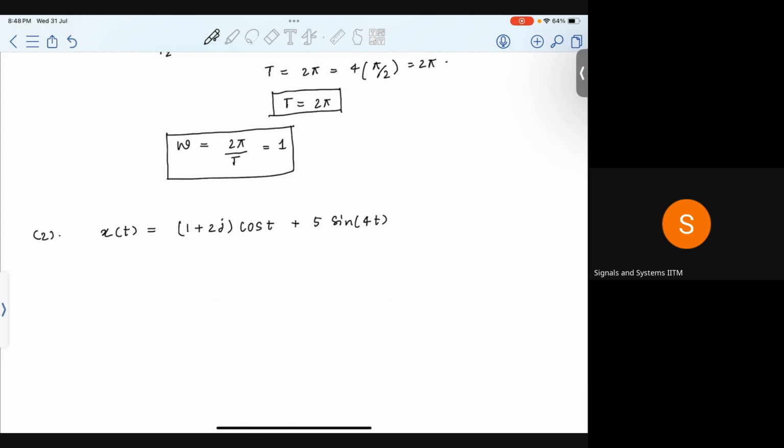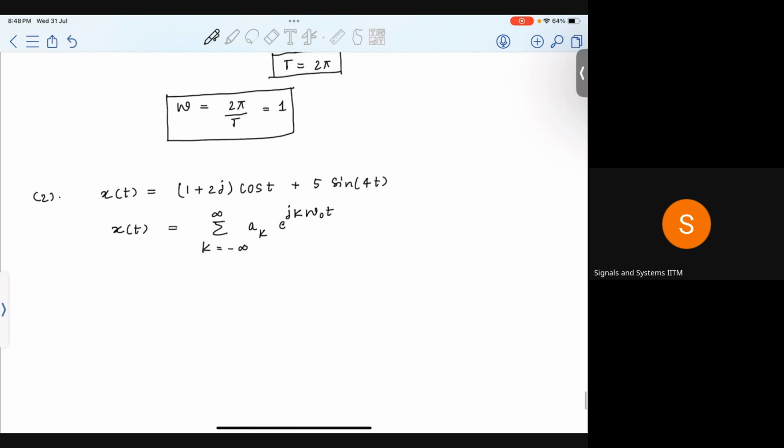Since this is a periodic signal, it has the representation x of t as the sum over k from minus infinity to infinity of a_k e power j k omega naught t. What is our omega naught? It is 1. So this is the sum of a_k e power jkt.